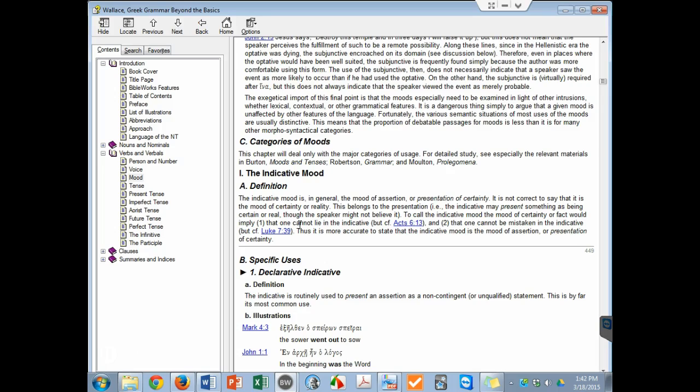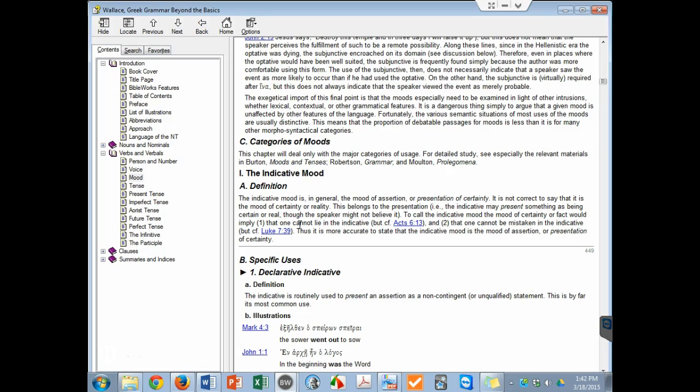Even the indicative can express the potential, it's just used with verbs of obligation, desire, whatever. I think the optative is one that's harder. Well, I haven't had you read the material for the optative yet, so let's just hold off on discussing it in particular until we've done that reading.